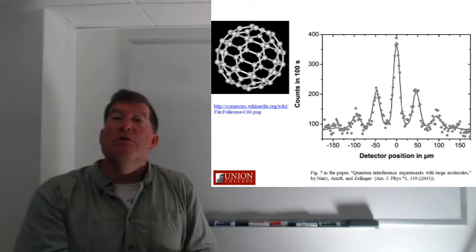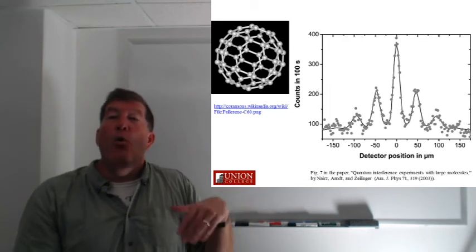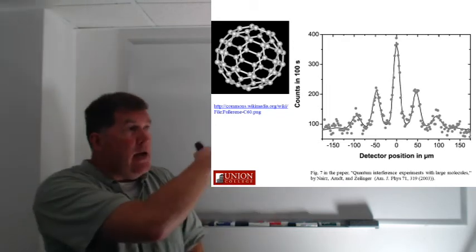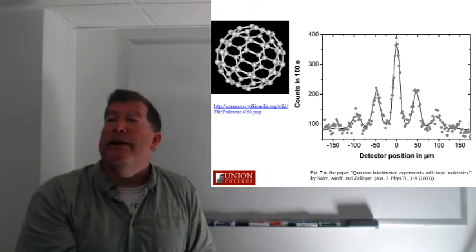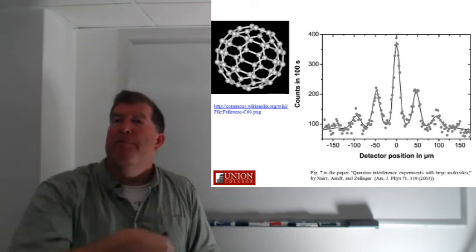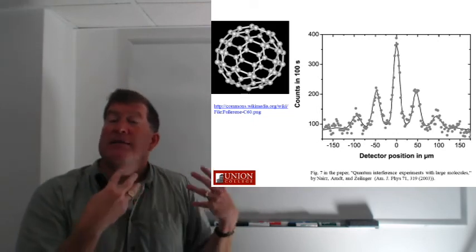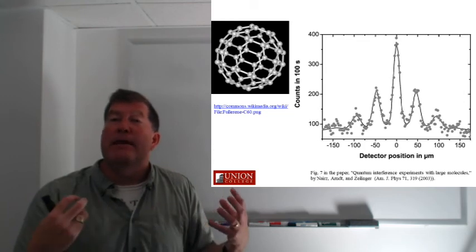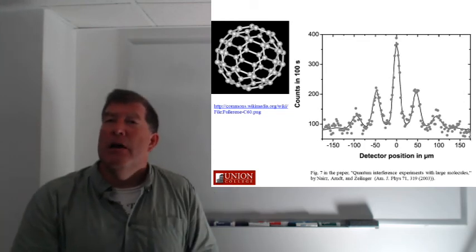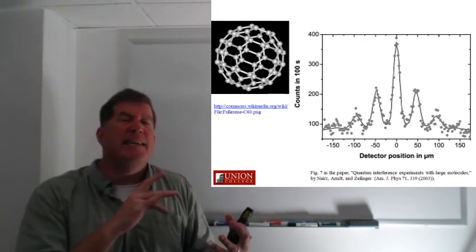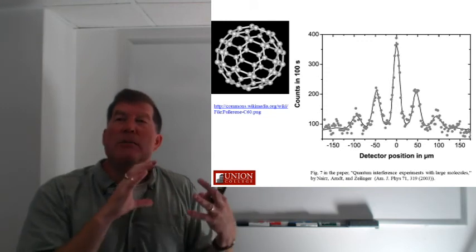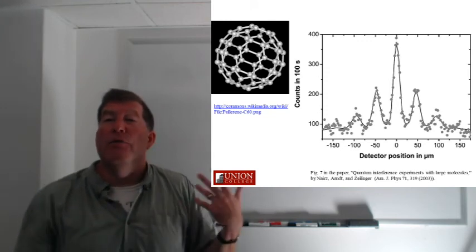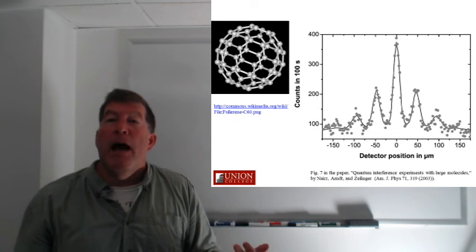And if you shoot those at a barrier with slits cut in it, what you see on the far side is a pattern of bright and dark spots, of peaks and valleys, that reflects the interference that's happening between these things as they behave like waves. So these very large molecules, the 60 carbon atoms, still behave like waves as they go through barriers with slits cut in it.